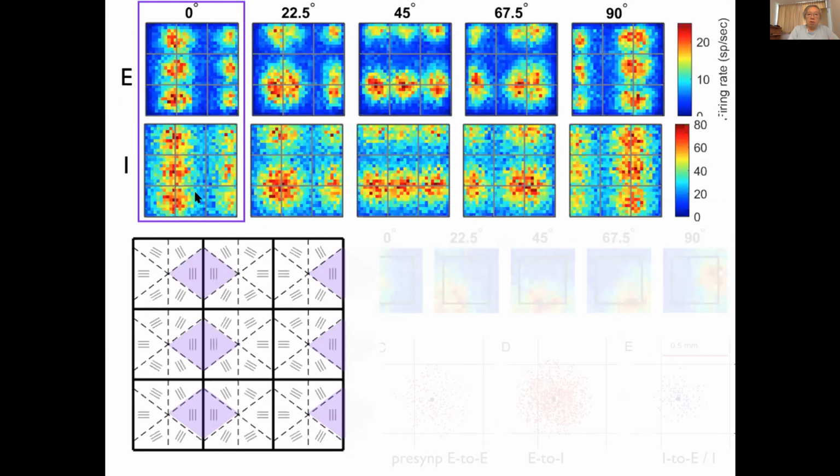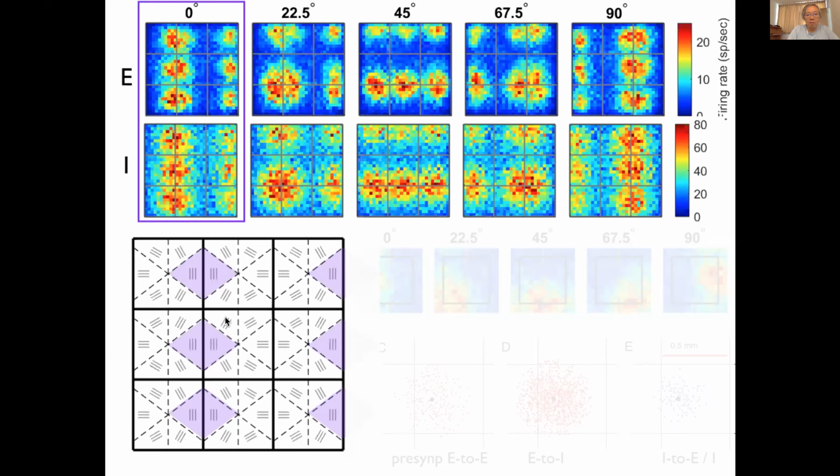This is what the model cortex looks like when it's stimulated. So look at first this picture. This is when you're passing a vertical grating through. Now, here's the key, the translation. In the model cortex, the regions that are colored purple are intended to be sensitive to vertical grating.